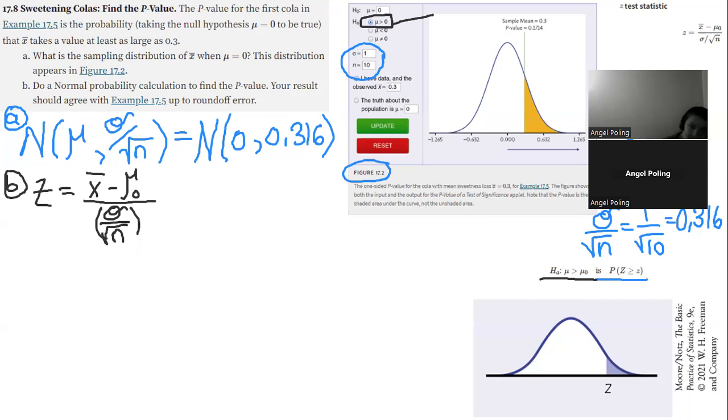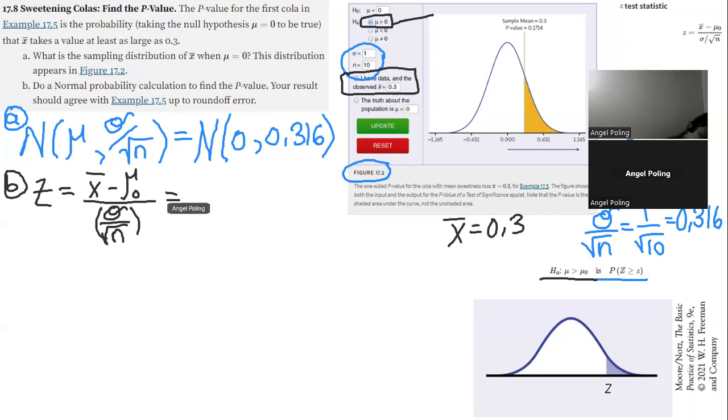Now, the only other piece of info we don't have written down was given to us in, well, they say X bar takes on a value as large as 0.3, but then also in the figure, we have X bar equal to 0.3. So X bar is 0.3.